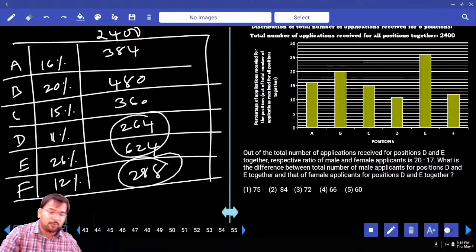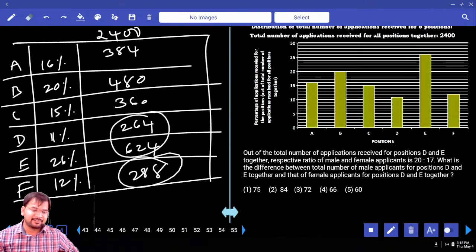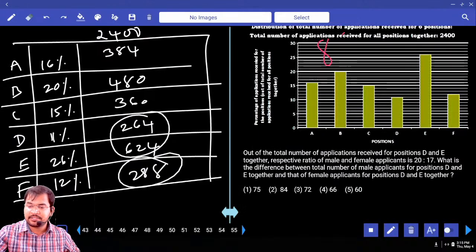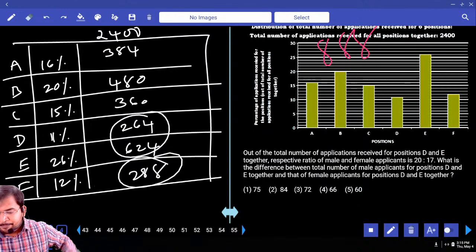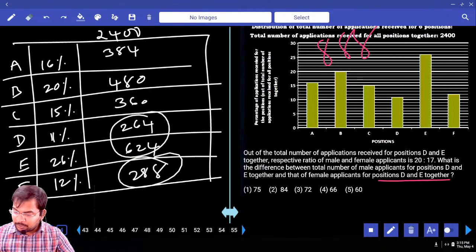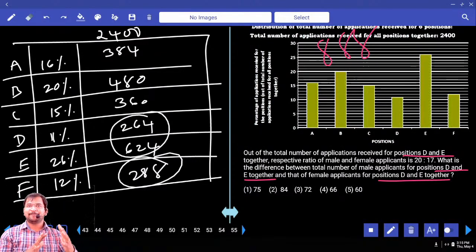D and E together is how much? 888. What is the difference between the number of male applicants for position D and E together and female applicants for D and E together? Here D and E together, and here also D and E together. No need to separate.